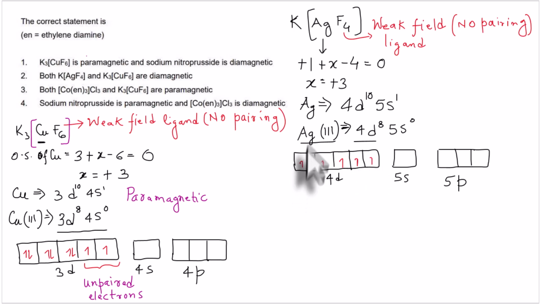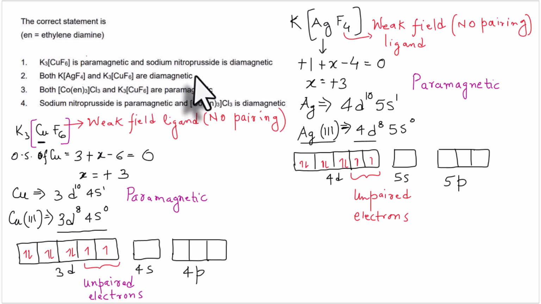Similarly for Ag3+ we have d8, so 5, 6, 7, 8. And here also, due to the presence of the weak field ligand, these 2 electrons remain unpaired. That is why this complex KAgF4 is also paramagnetic. So option 2 is not correct, where it is given that KAgF4 is diamagnetic.